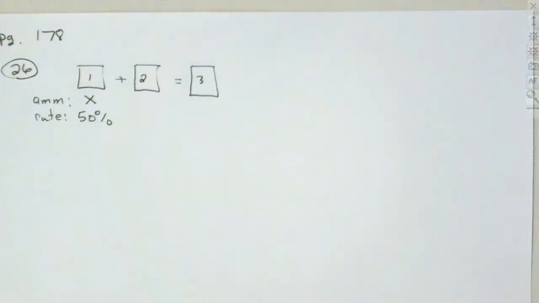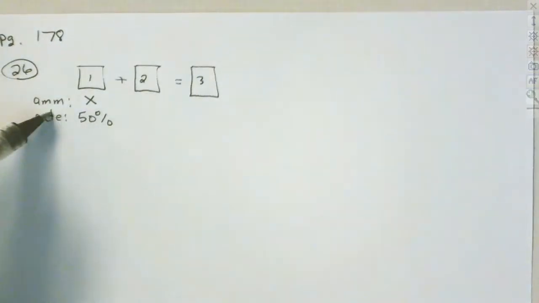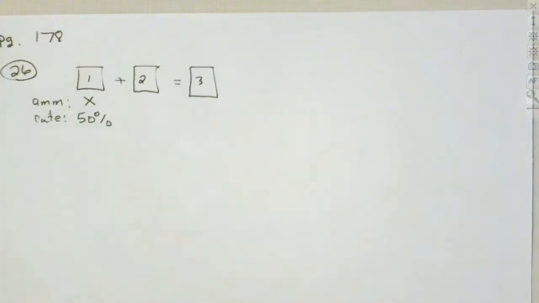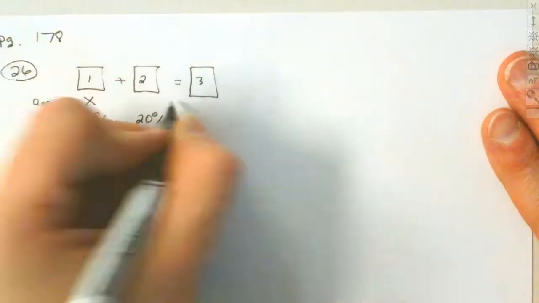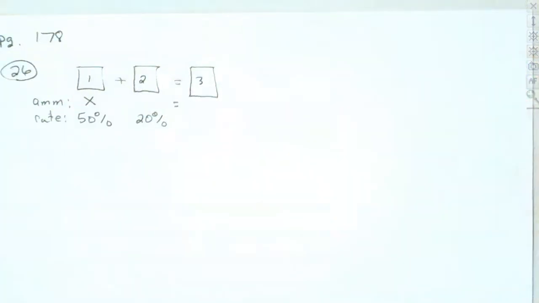So how many gallons of a fruit drink that is 50% juice? So that is this part, right? Okay. We're then going to mix that. So that's what we're going to add together. We're going to mix it with a fruit drink that is 20% real juice. We don't know how much, so we'll come back to that in a moment. We want to mix these together.